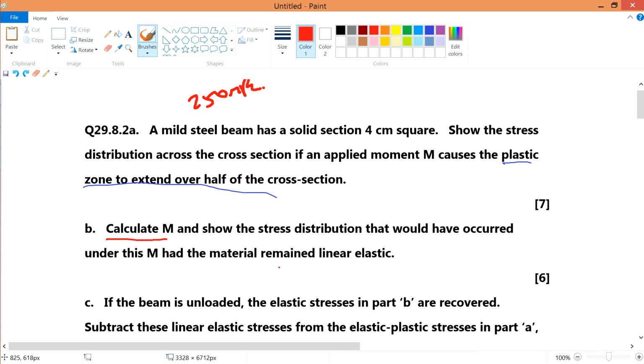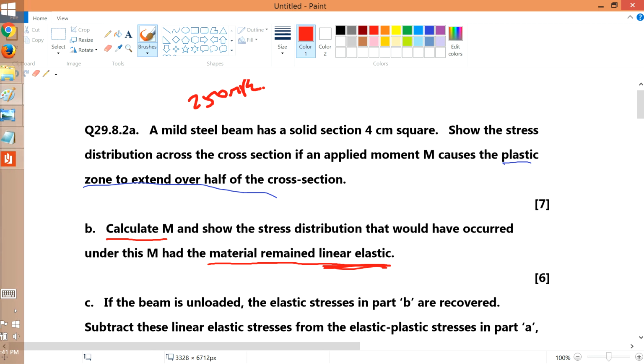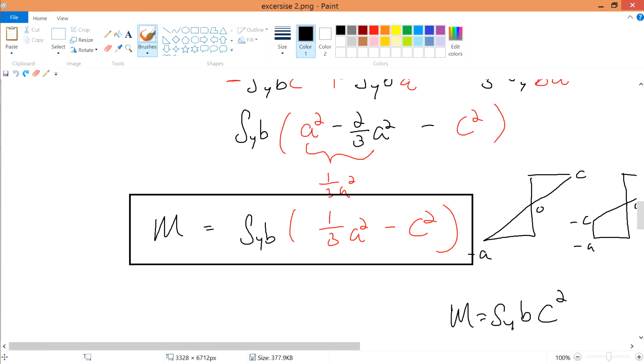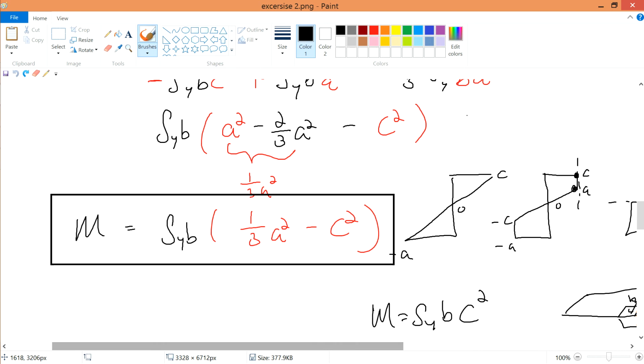I actually didn't finish reading: when the material remains linear elastic. So we are just simply talking about this scenario over here. It's purely elastic, so therefore we're going to use this formula.